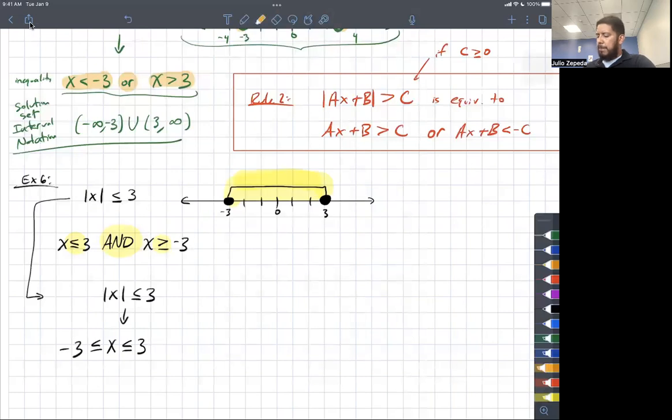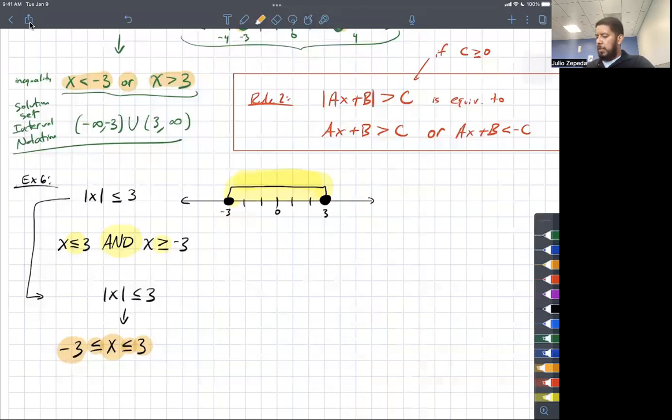So what this says is that x is greater than or equal to -3, because the symbol is opening towards the x, and x is less than or equal to +3. That's exactly what we set up above in two inequalities with the and joining those two inequalities. So whichever one of these two you want to use, both of them indicate the exact same set, the one that's graphed there in black.